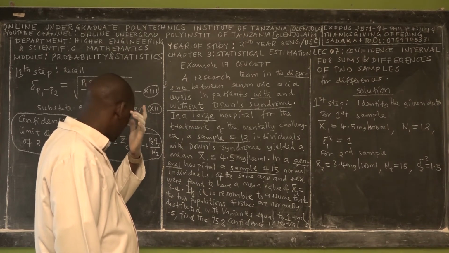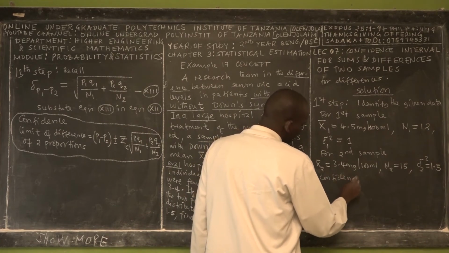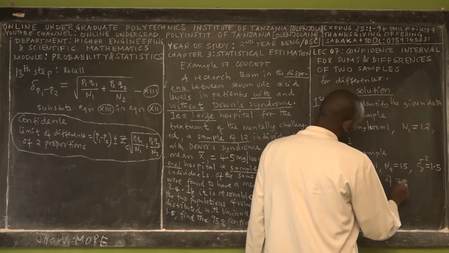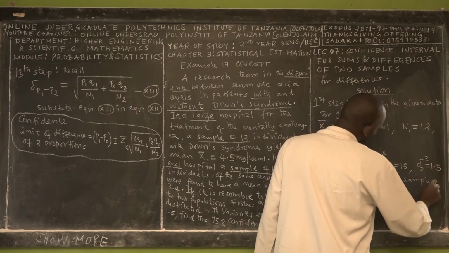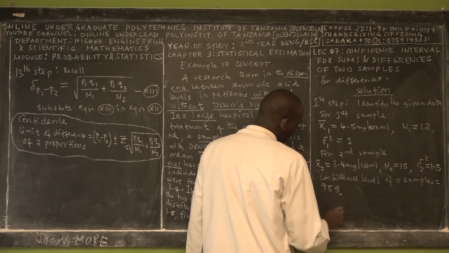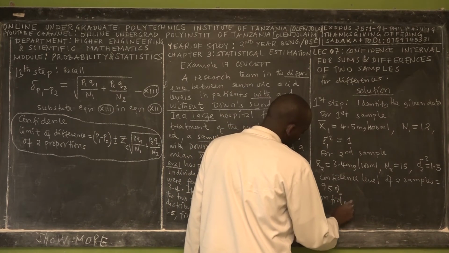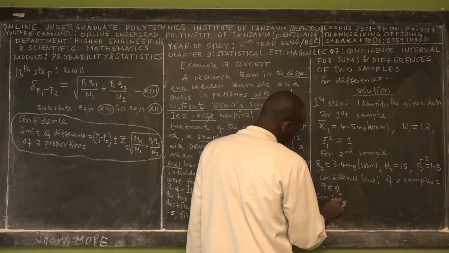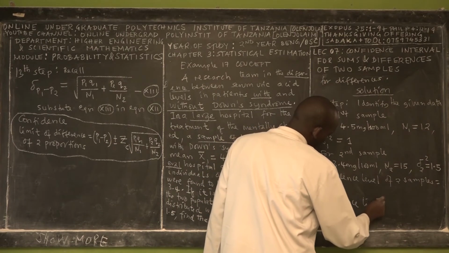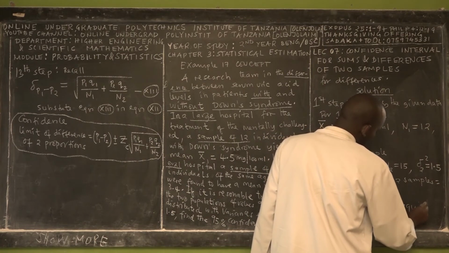What's required? The confidence level of the two samples is given as 95%. The confidence limit is what is required.